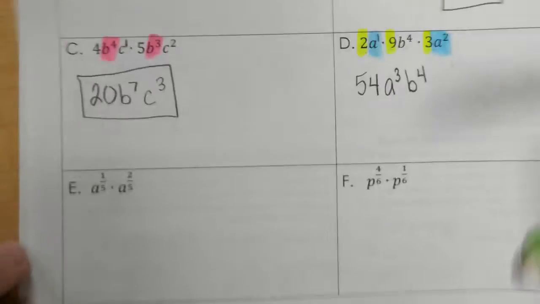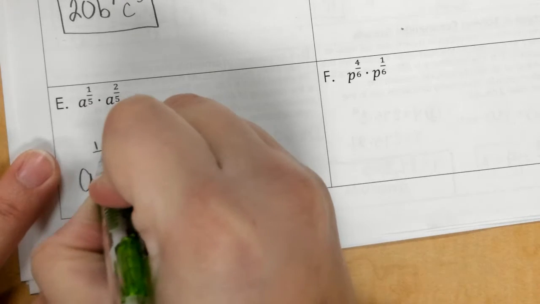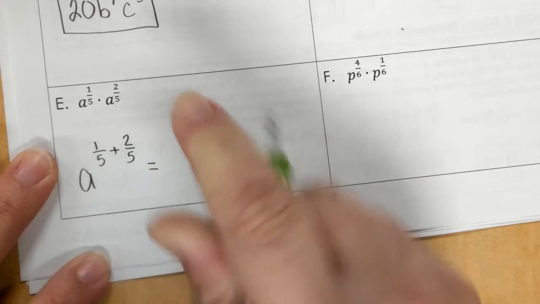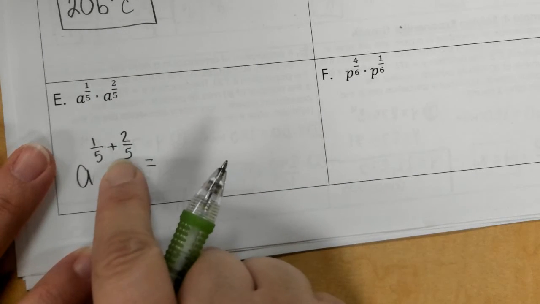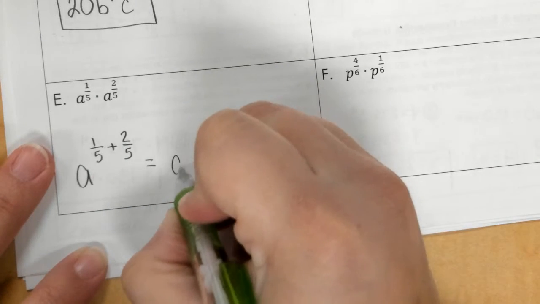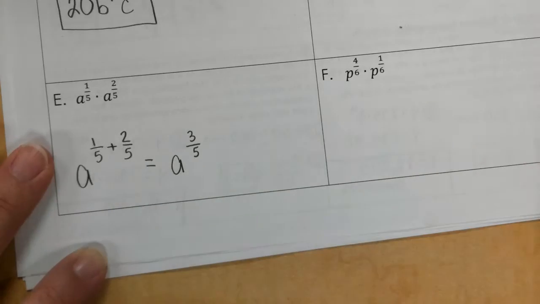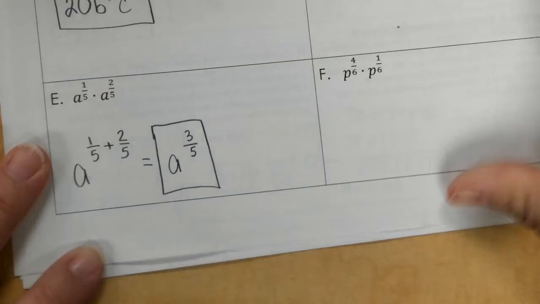Then for the last two, we're going to still add exponents. So we have 1/5 plus 2/5. When you're adding fractions, you have to have a common denominator, which I do. They're both 5. And so I would leave the denominator 5, but I need to add the numerators to be 3. So my answer is a to the 3/5 power.